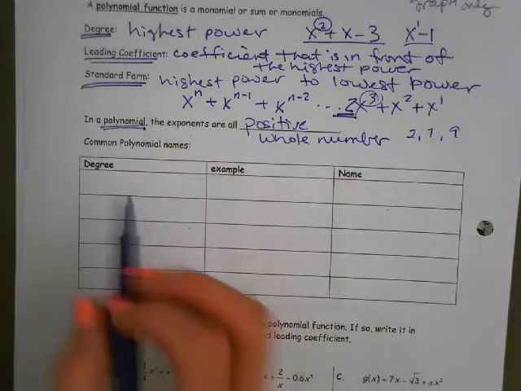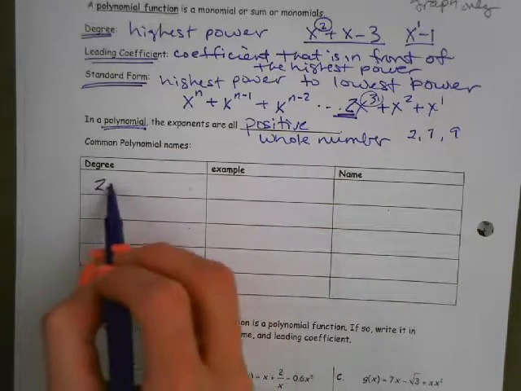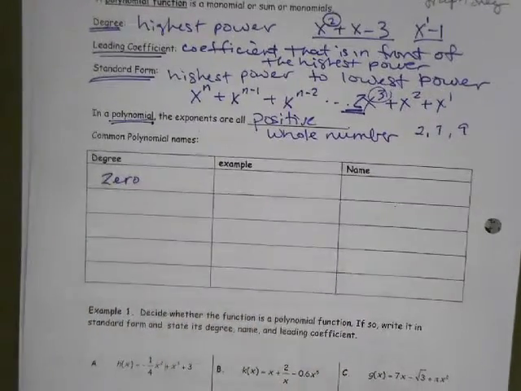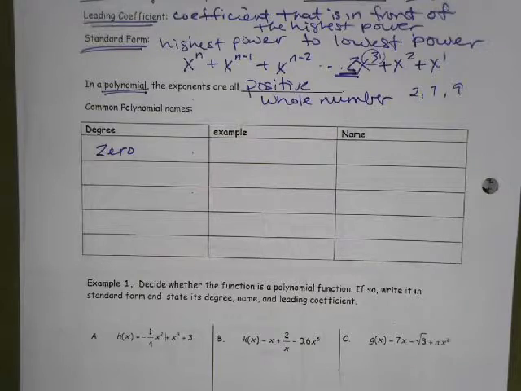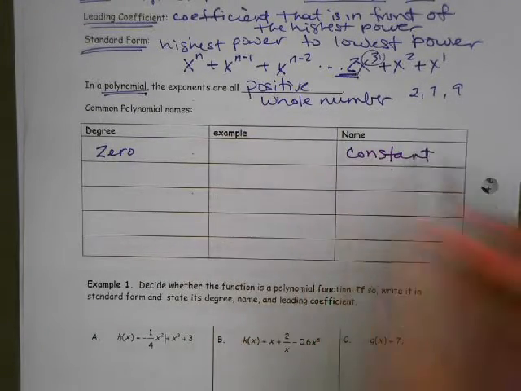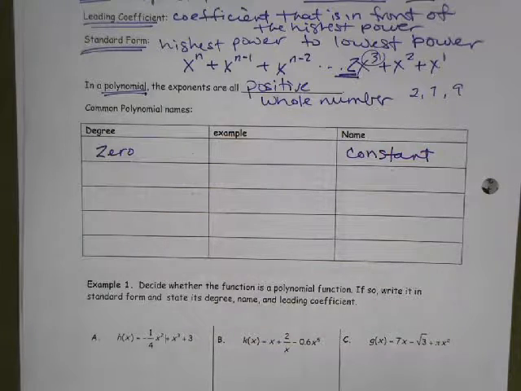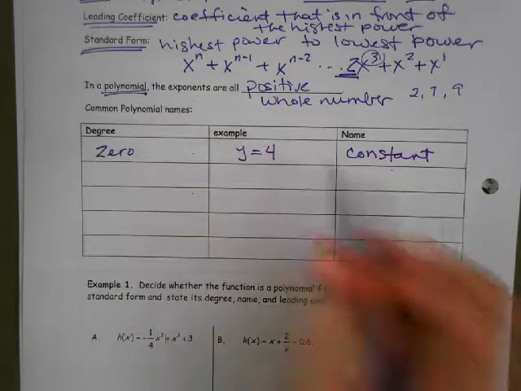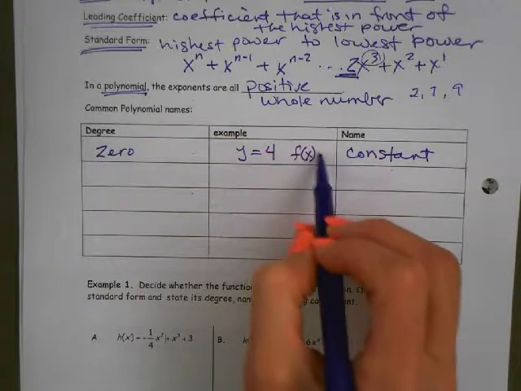So if I have a degree of 0, then I'm dealing with a polynomial function that is what we call a constant. An example of that might be y equals 4 or f of x equals 4.